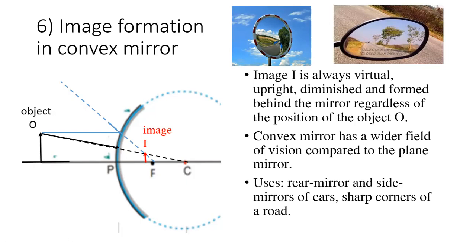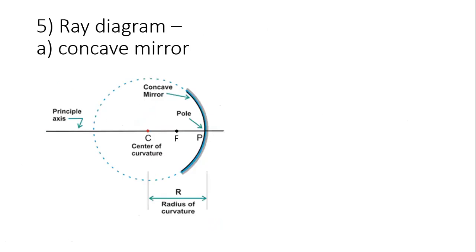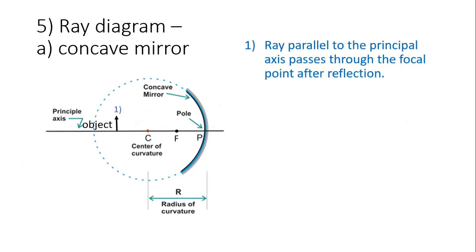So, a wider field of vision compared to the plane mirror. Now let's go to the concave mirror. Ray diagram, just repeating. Object. The first ray is parallel to the axis, and after reflection, it must go through the focus.